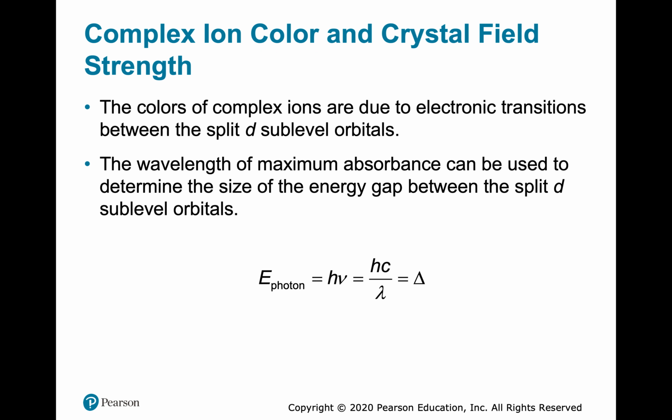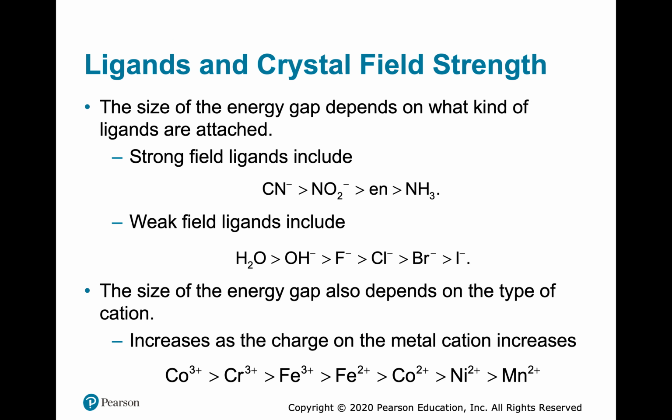But let's talk about the crystal field strength. We mentioned already that the energy of the photon is the size of the split, and that's where the colors come from, basically what this slide says. But let's talk about the different strengths. Not including carbonyl, like carbon monoxide, it's pretty strong.